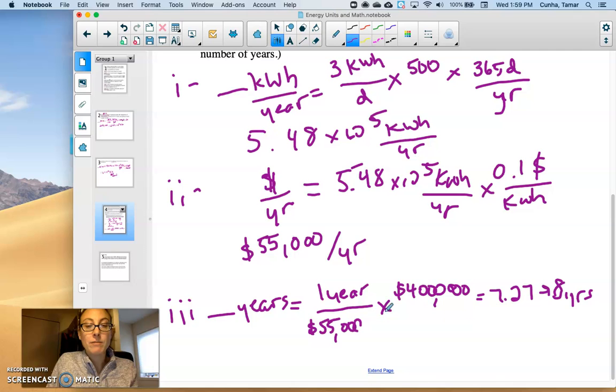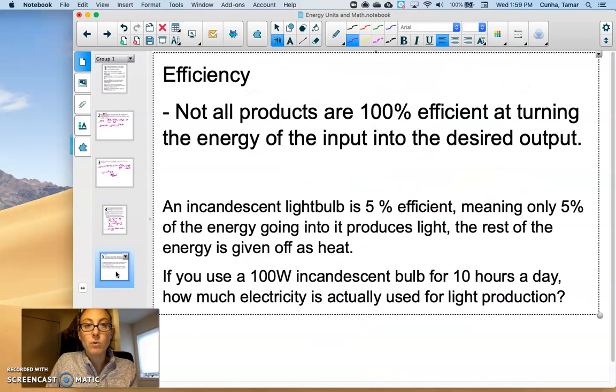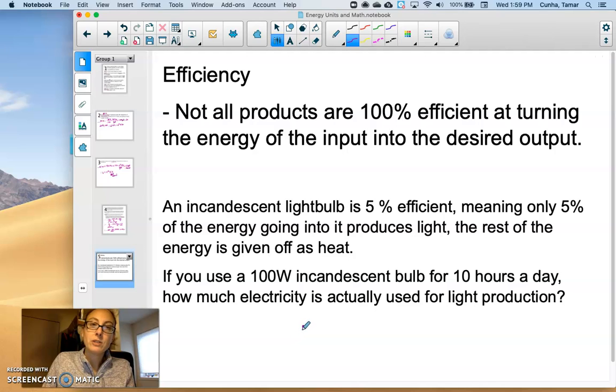All right, so I recommend trying out some of the problems. I have one more question for you. This is something to think about. We often have the situation where taking the BTUs found within a fuel and converting that into a form of useful energy isn't 100% efficient.